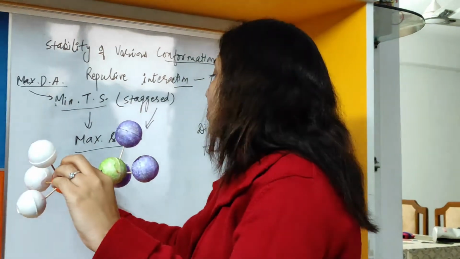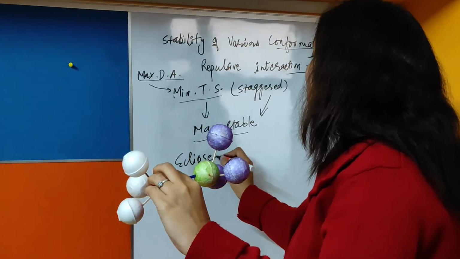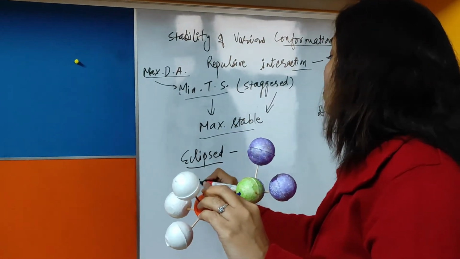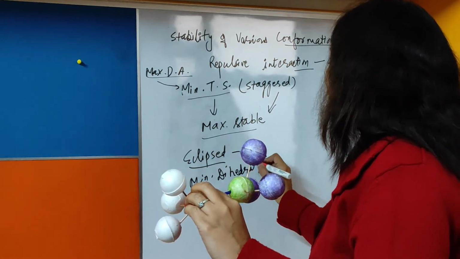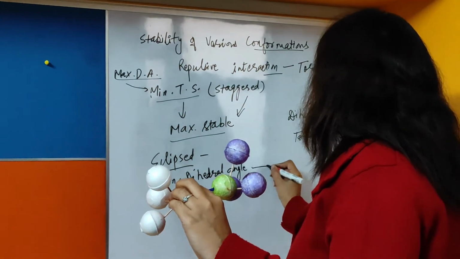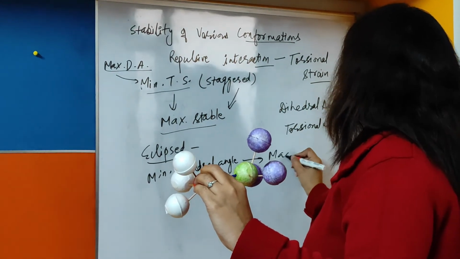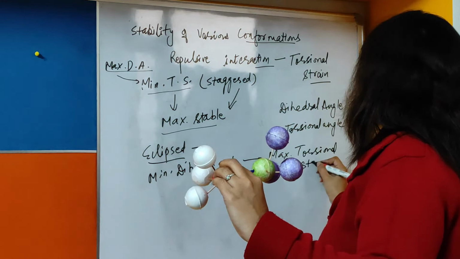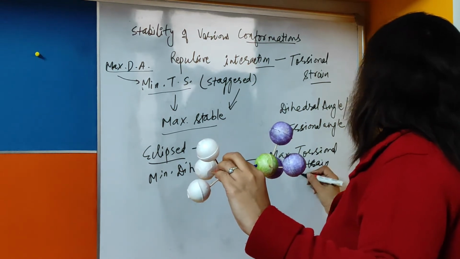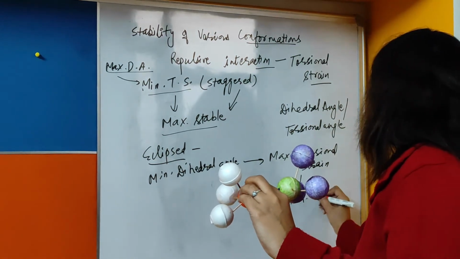So in eclipsed, what is the scenario? In case of eclipsed conformation, there is minimum dihedral angle. Minimum dihedral angle. That is why maximum torsional strain, that is why minimum stability.